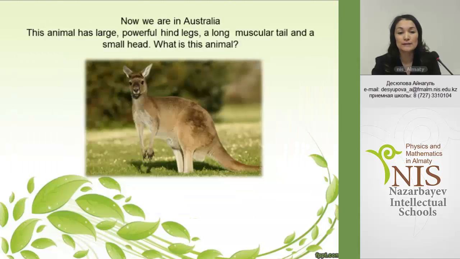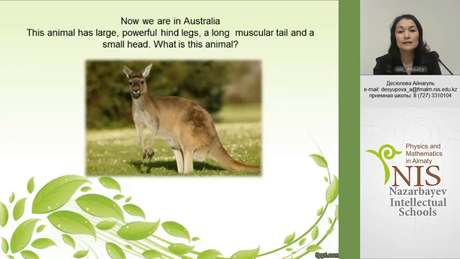So here you may see this animal has large, powerful hind legs, a long muscular tail, and a smaller head. What is this animal? Of course, as you may see from the picture, the answer is supposed to be kangaroos.